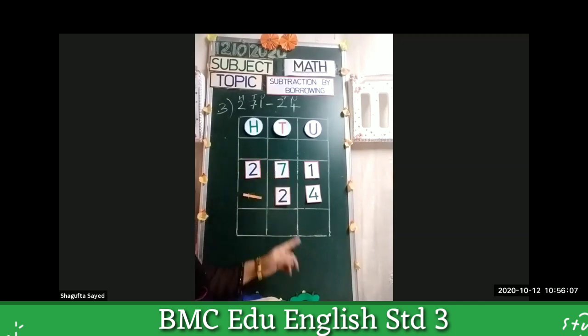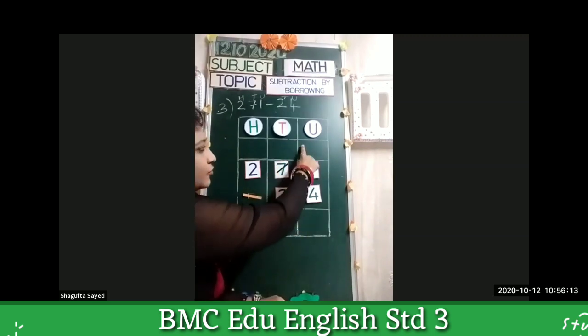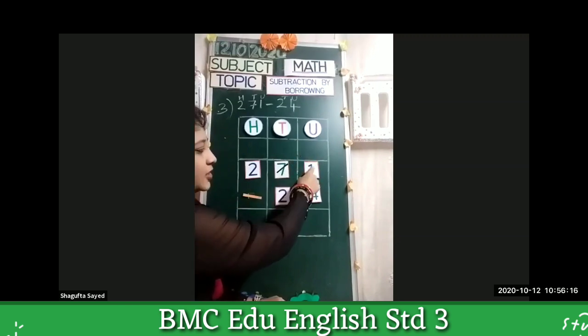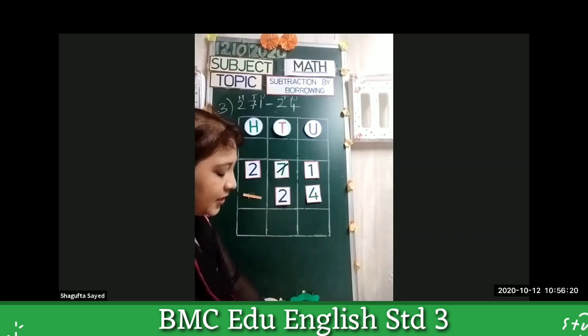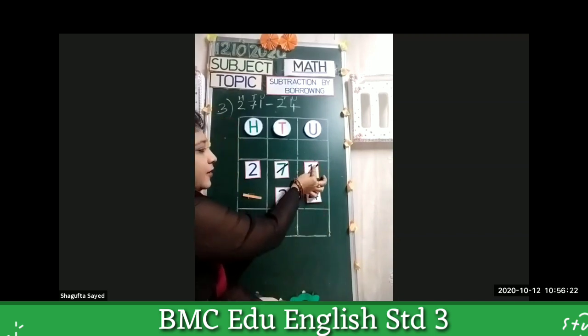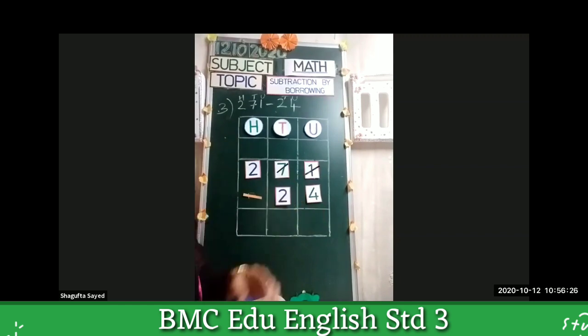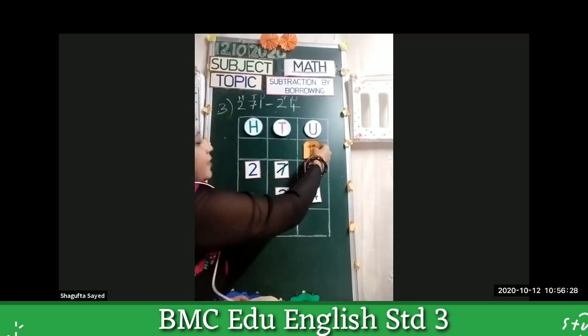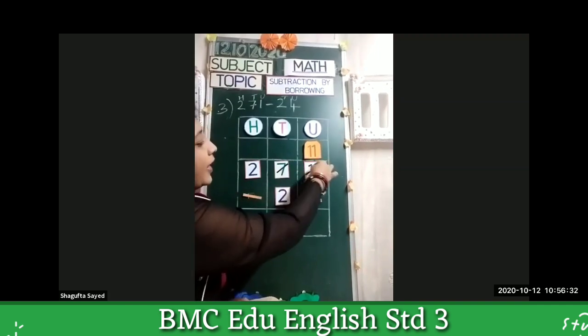Right here, we have to borrow from our friend, from tens. That means from 7. So what we are going to do is cut this 7. We are going to write here 1. And this one also we are going to cut and write here 1. Let's see what it becomes. It becomes 11. See, from 7 I have given here 1 and this one I have copied here.